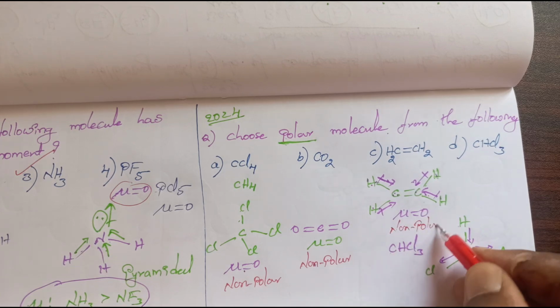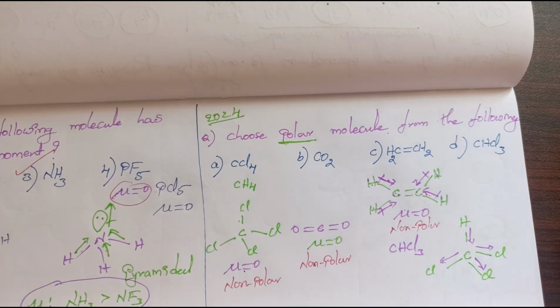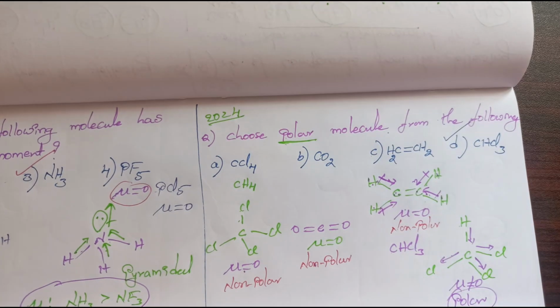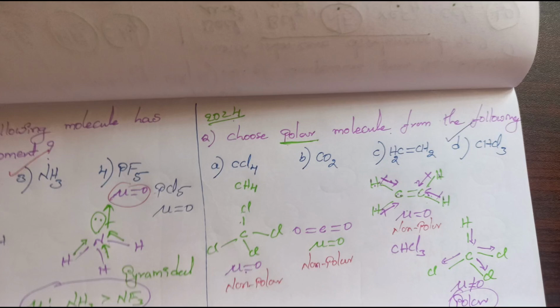But in the case of chloroform, dipole moment cancellation is not possible, because all the surrounding atoms are not the same. So chloroform is a polar molecule, with dipole moment not equal to 0. So the option is CHCl3. This is a 2024 question.